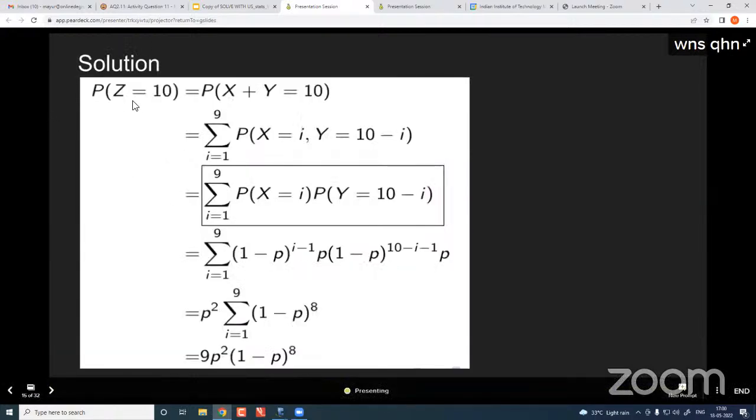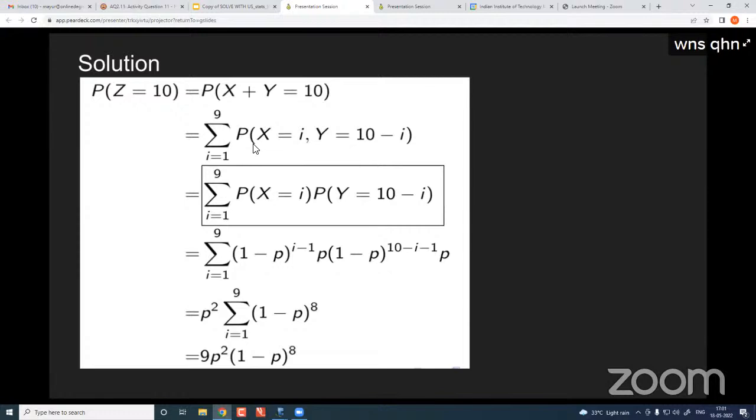So we have to find the probability that Z equals 10. What is Z? Z is X plus Y, which equals 10. What are the different possibilities for Z to take the value 10 if X and Y are geometric? X has a range from 1 to 10 and Y has a range from 1 to 10.